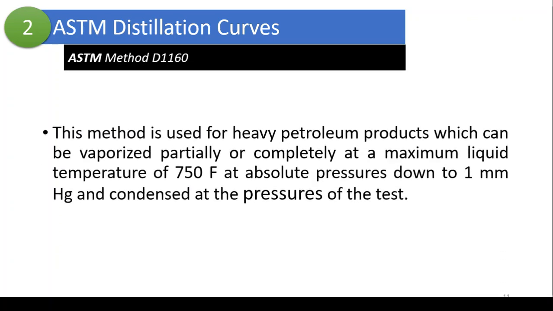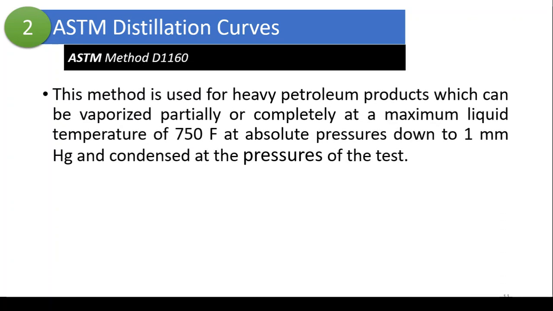This is also an ASTM distillation curve, and it is used for the heavy petroleum products, not the lighter ones. It can be defined as follows: it vaporizes partially or completely at a maximum liquid temperature of 750 degrees Fahrenheit at absolute pressure down to 1 mmHg and condenses at the pressure of the test.